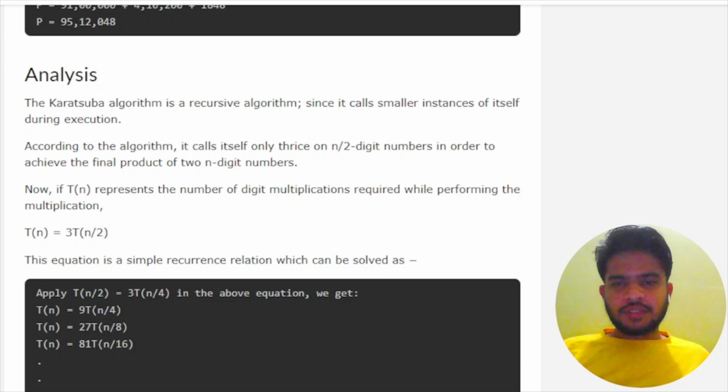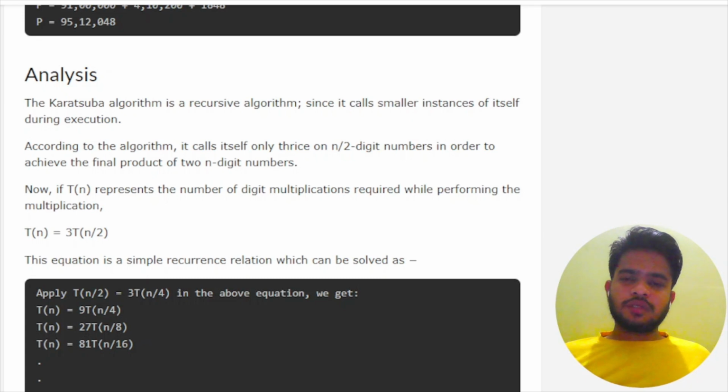The Karatsuba algorithm is a recursive algorithm since it calls smaller instances of itself during execution. According to the algorithm, it calls itself only thrice on n by 2 digit numbers in order to achieve the final product of the two n-digit numbers. Now if T of n represents the number of digit multiplications required, T of n equals 3T of n by 2.